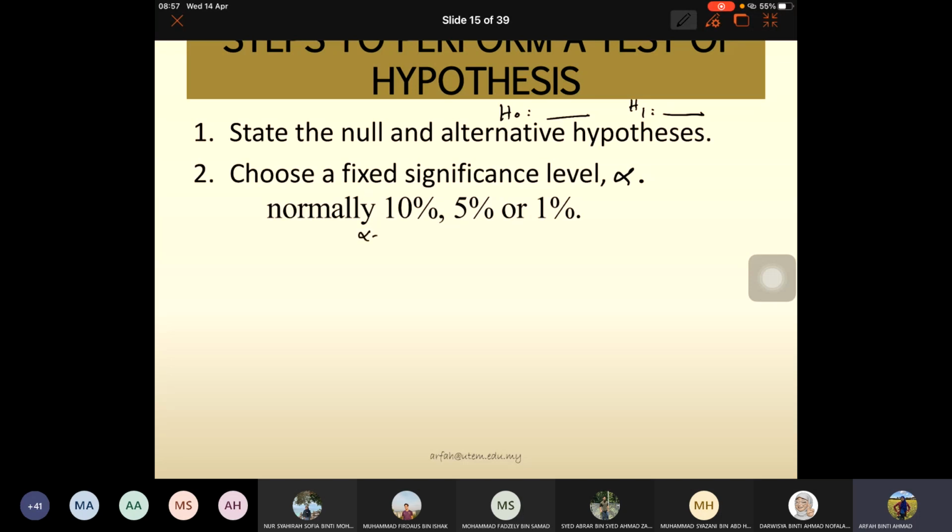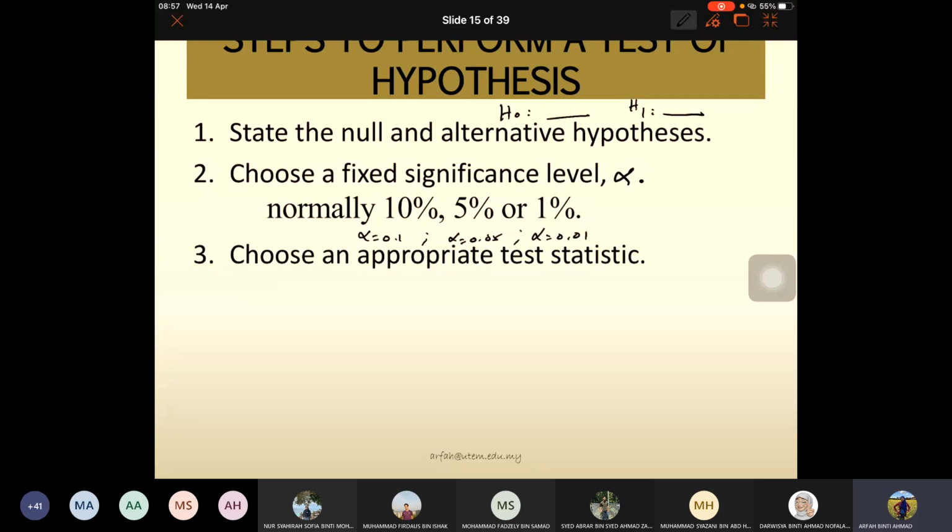That is alpha can be 0.1, 0.05 atau 0.01. Okay. Then choose an appropriate test statistic. So ni awak tengok case 1, case 2, case 3 atau case 4.